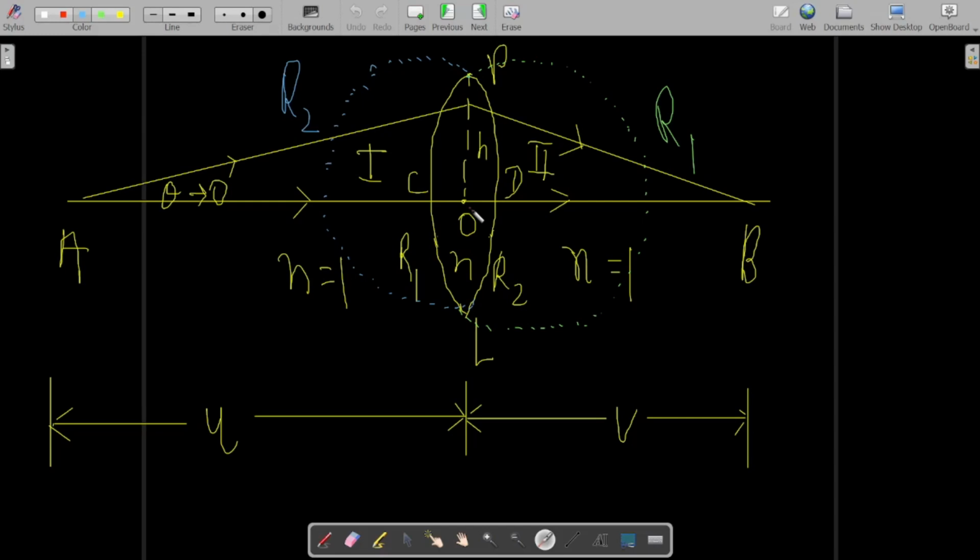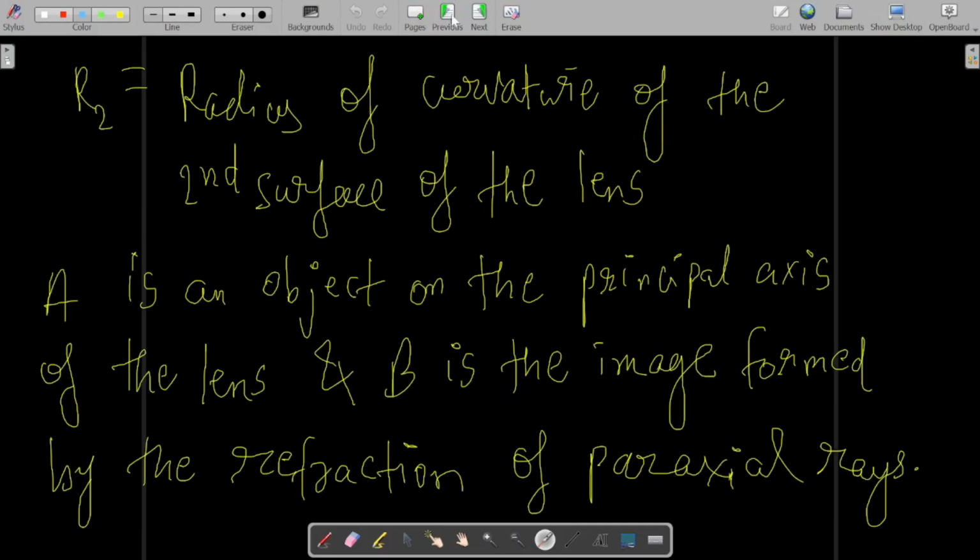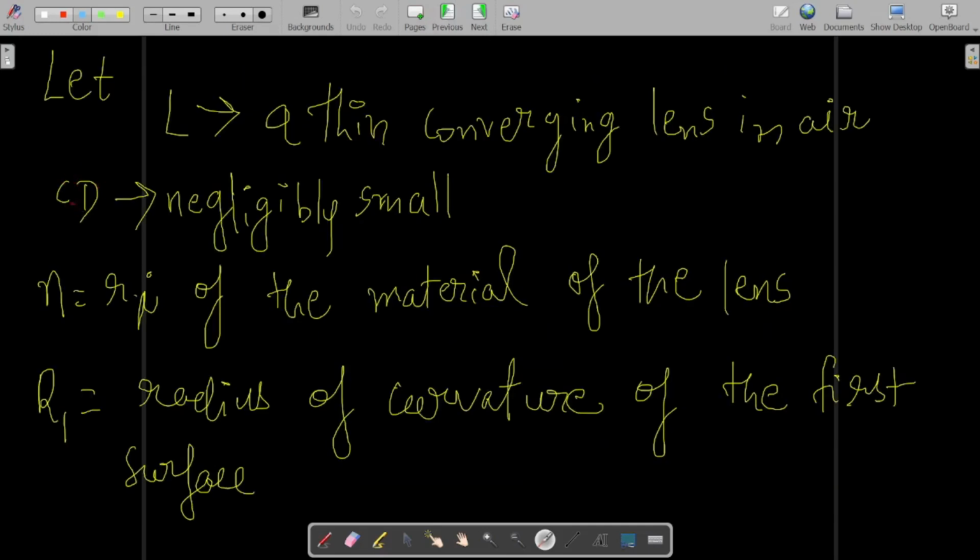So in those lenses you cannot apply this thin lens formula. This approximation will not hold good there. So in order to say that our lens is small, we have taken that CD is negligibly small.